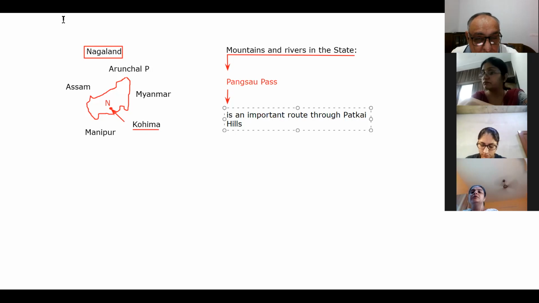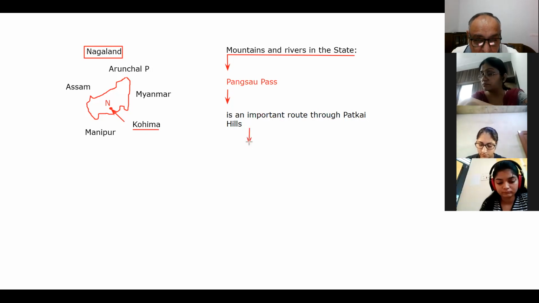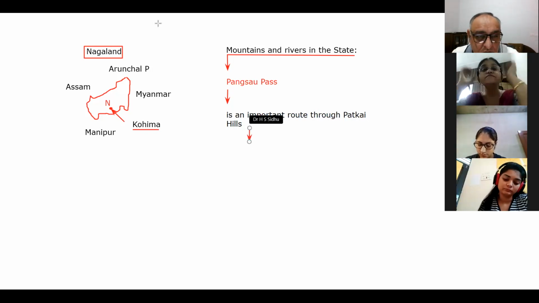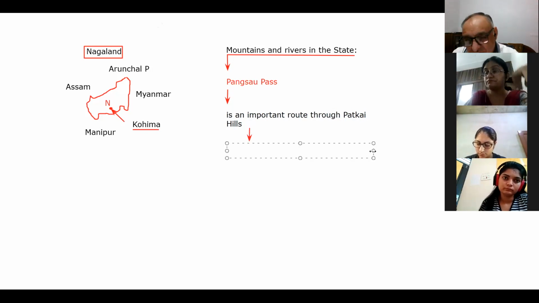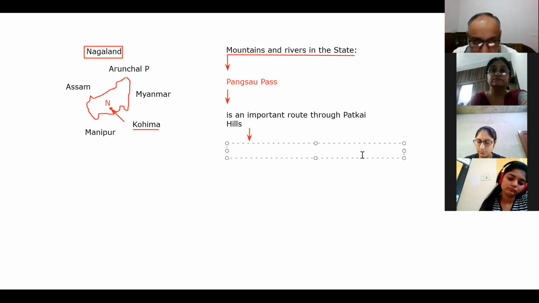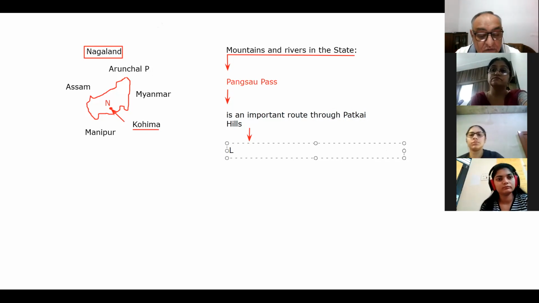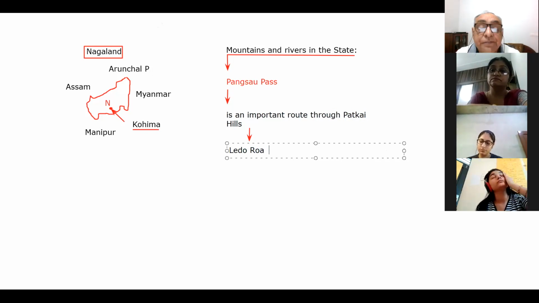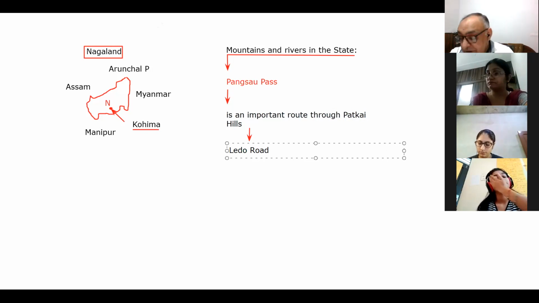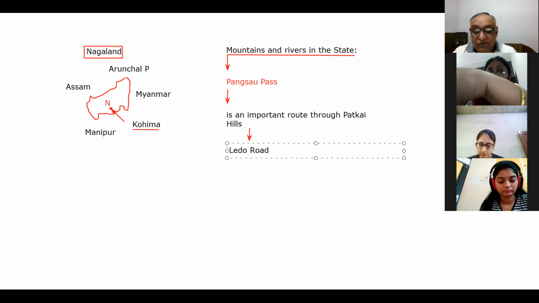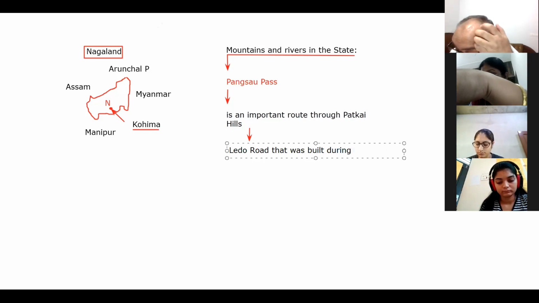There is a road which was constructed during the World War II. The name of that road is Lido Road, that was built during the World War II.